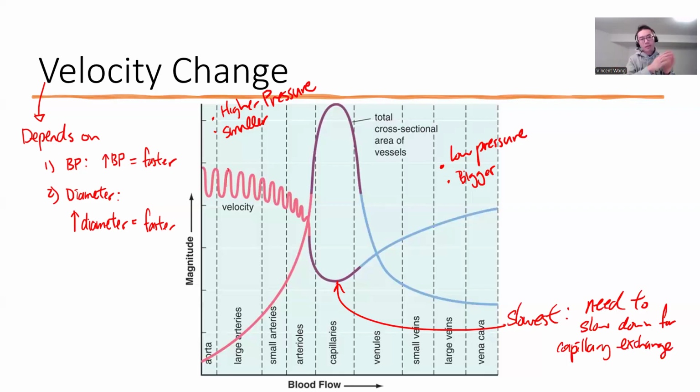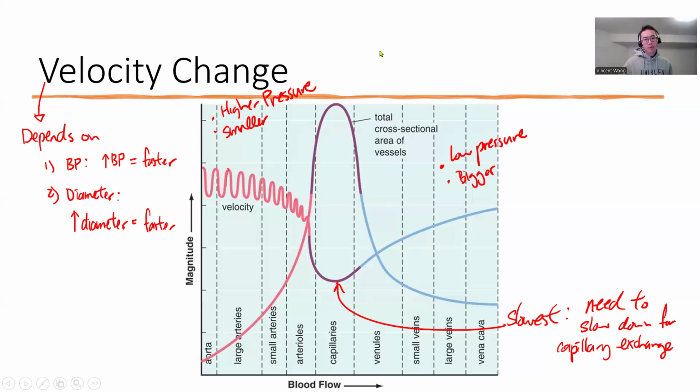Like if it's going by too fast, then you don't have sufficient time to have enough gas exchange, right? But once you get past the capillaries, once the capillaries merge together to form the venules and the veins, then it gets bigger and bigger and bigger, and the speed starts to pick up again. Right? So the slowest is going to be at the capillaries.